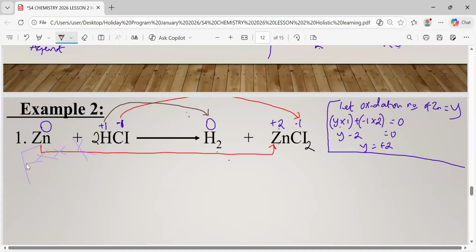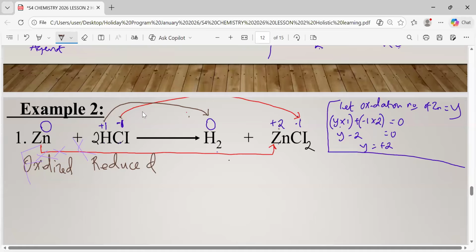So this one is being oxidized. Then this hydrochloric acid is being what? Reduced. Now, how do we know? You look at this arrow for red, coming from this chlorine. For chlorine, there is no change, from -1 to -1. But there is hydrogen in this compound.